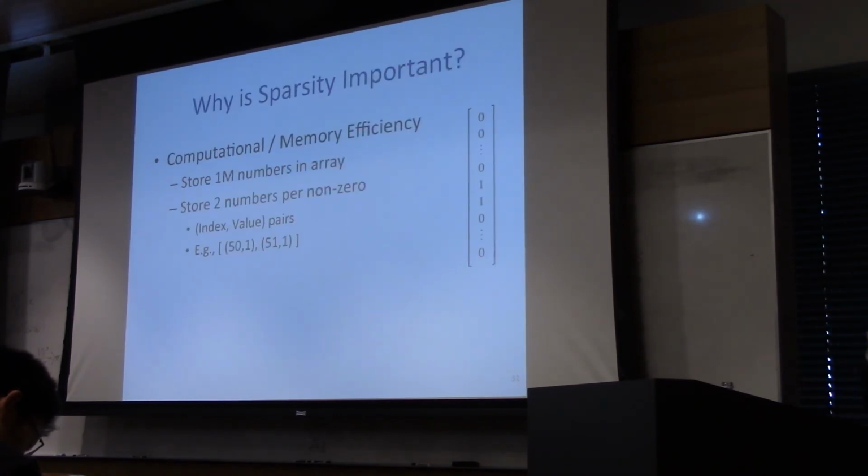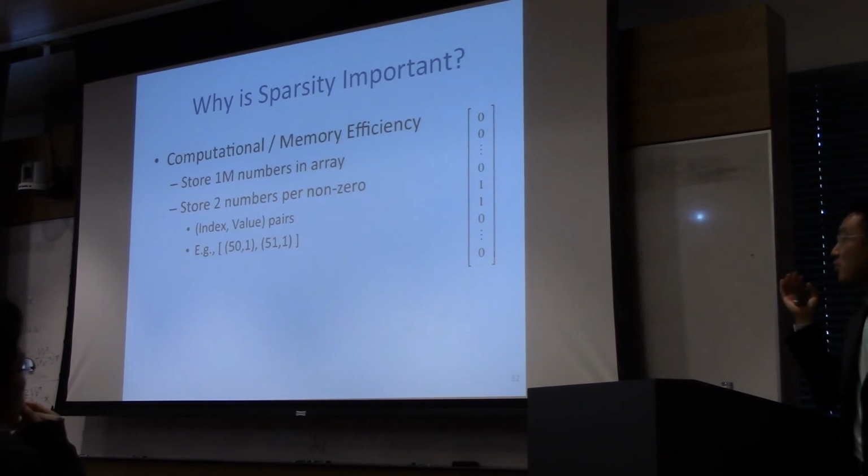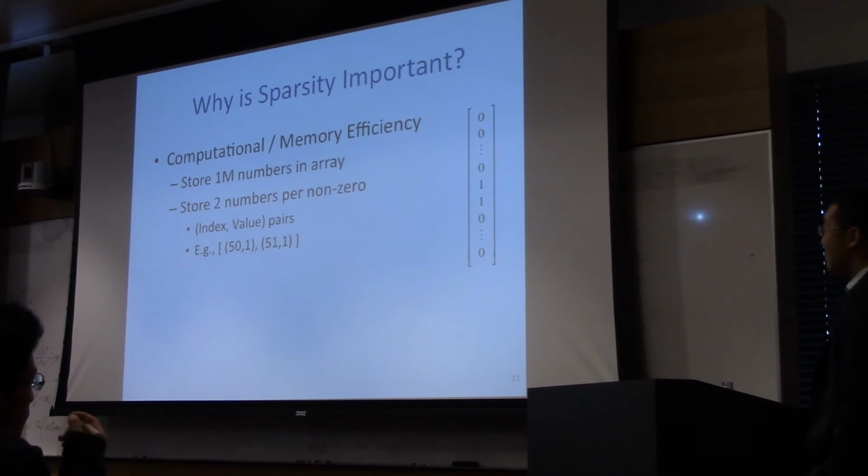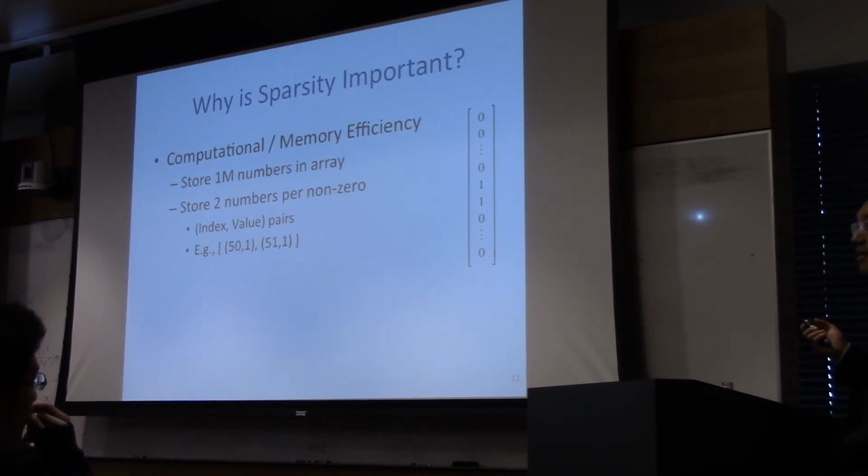So why is sparsity important? One aspect is computational memory efficiency. Suppose our feature vector is 1 million dimensional. Do you really want to store a million numbers in an array to model your weight vector?